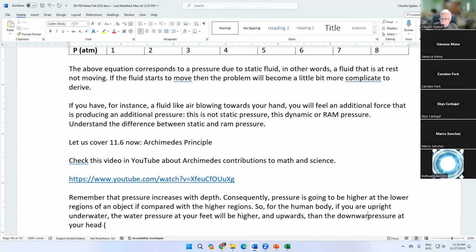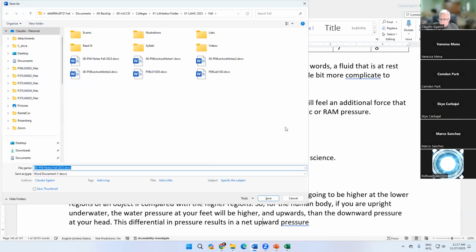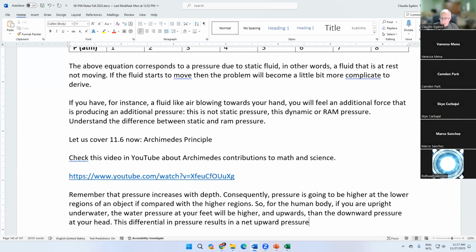This differential in pressure results in a net upward pressure, that produces what we call a buoyant force.